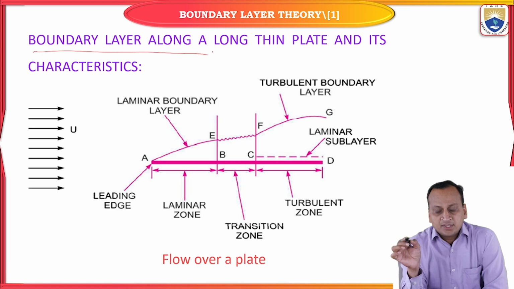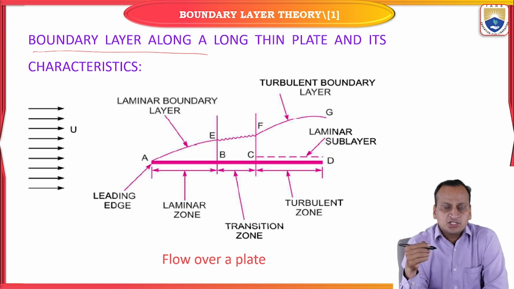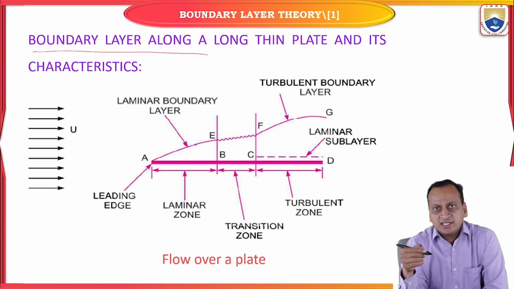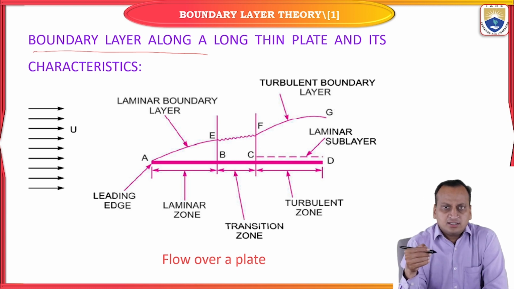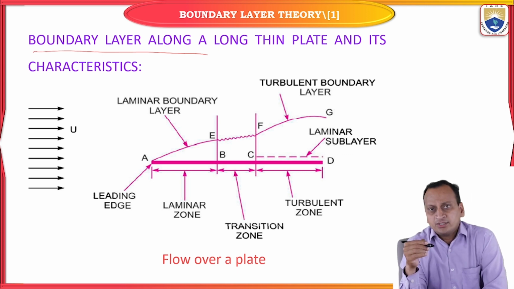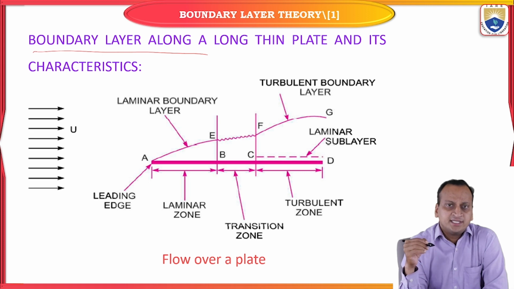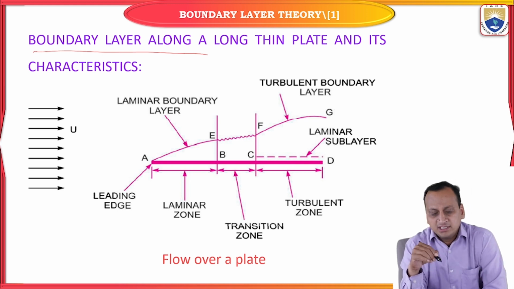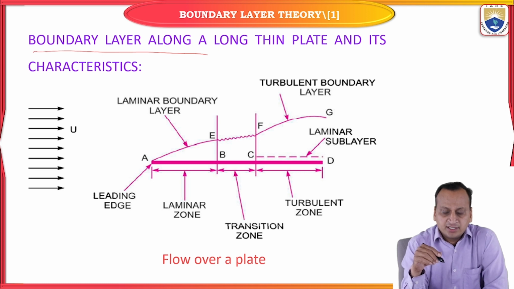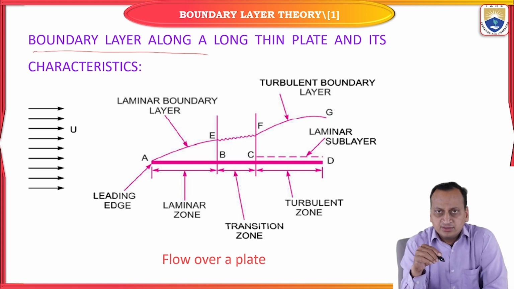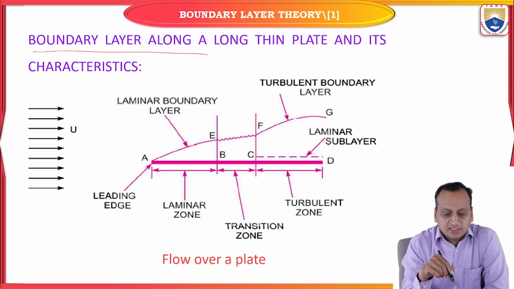After understanding the boundary layer concept, what a boundary layer is, how it forms, what the no-slip condition is, how viscosity varies, how many regions exist over a solid body, and how the velocity and velocity gradient exist, then if you keep a long thin flat plate in a moving fluid, we can analyze the various characteristics of that scenario.